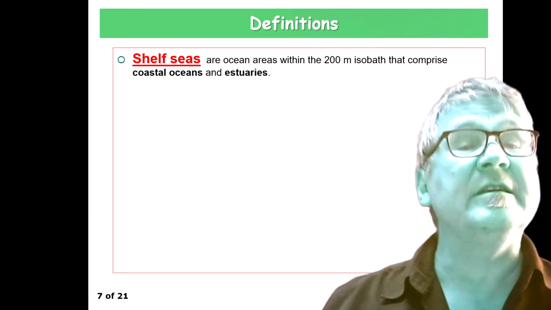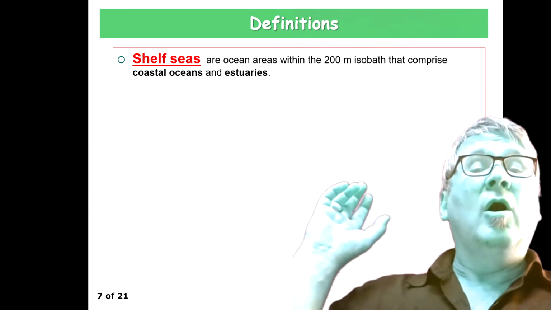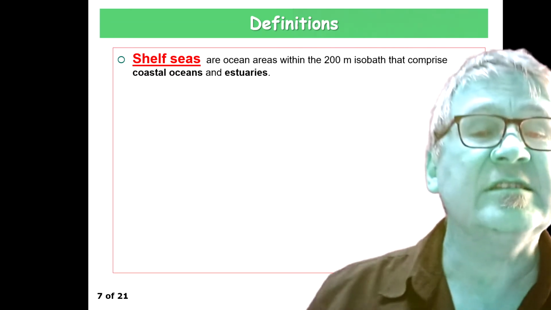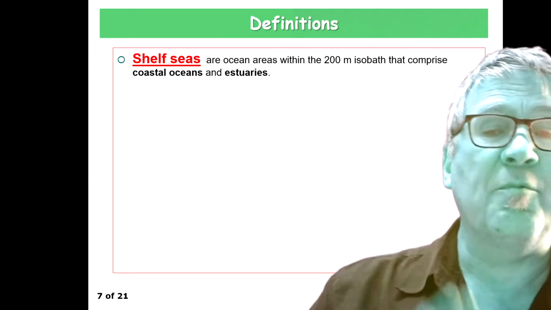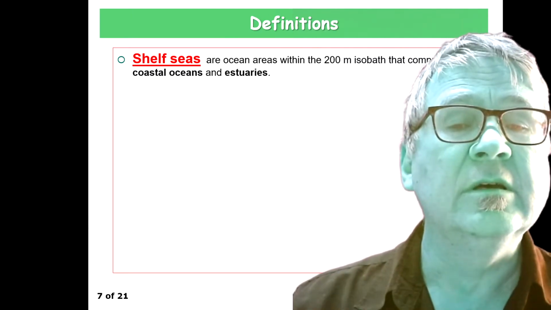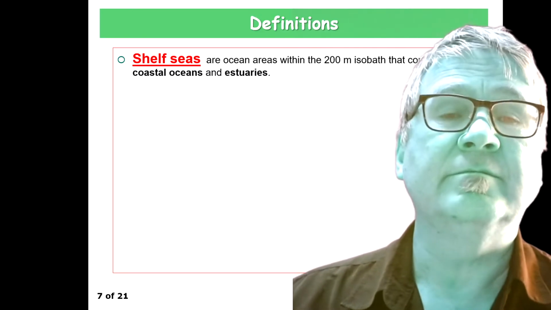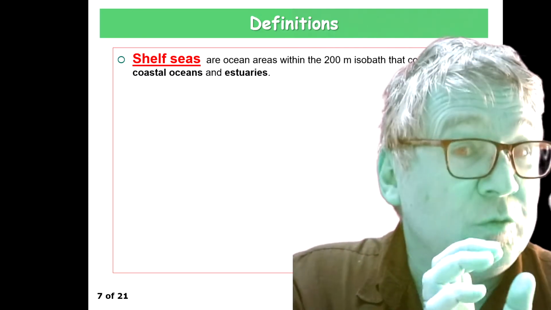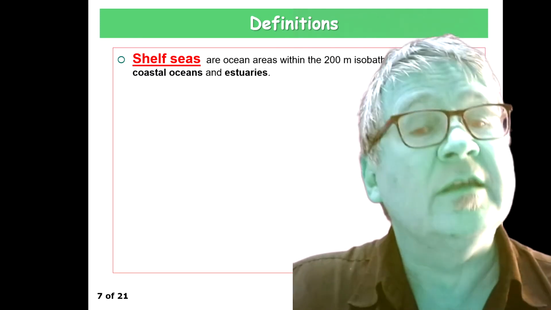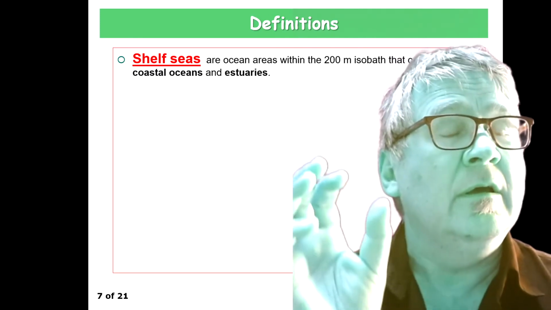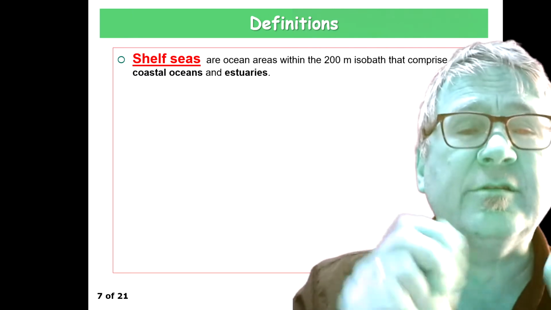Shelf seas are ocean areas within the 200-meter isobath that comprise coastal oceans and estuaries. Shelf seas have two different features: one is called coastal ocean, the other one is called estuary. And 200 meters is not strict.